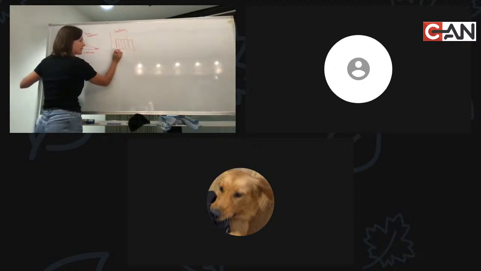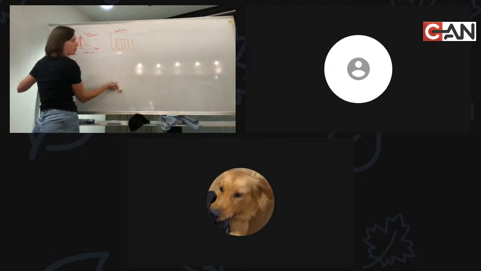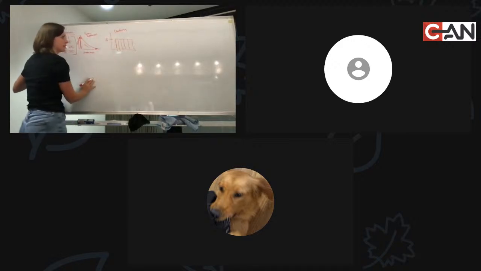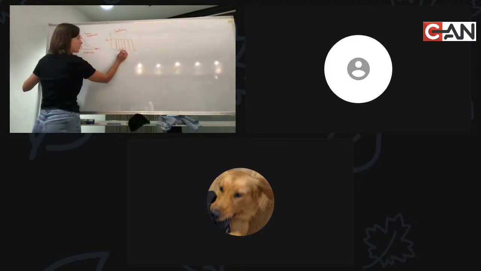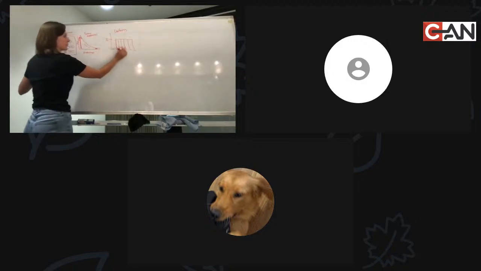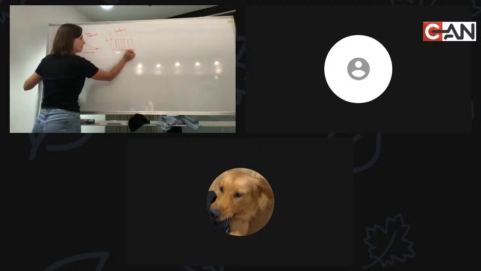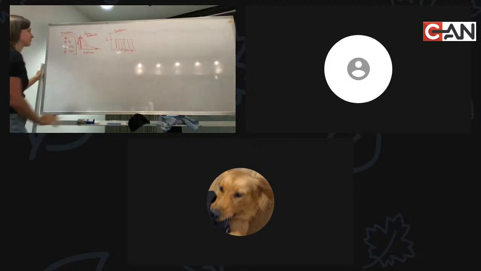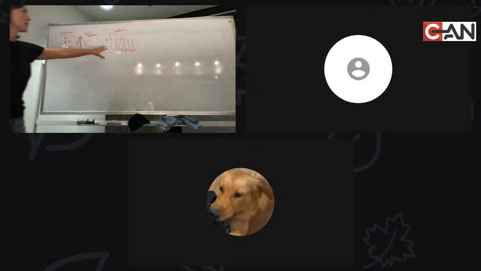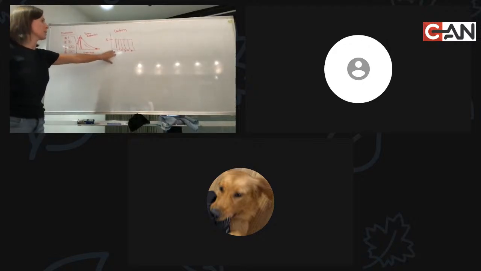So we had the 6-sided dice. The probability of rolling 1 is exactly 1/6. The probability of rolling 2 is exactly 1/6. The probability of rolling 3 is 1/6. 4, 1/6. 5, 1/6. Okay, so that's a uniform probability distribution.